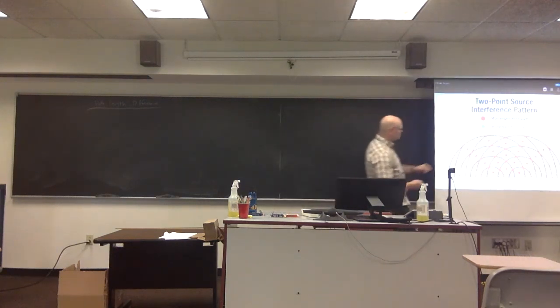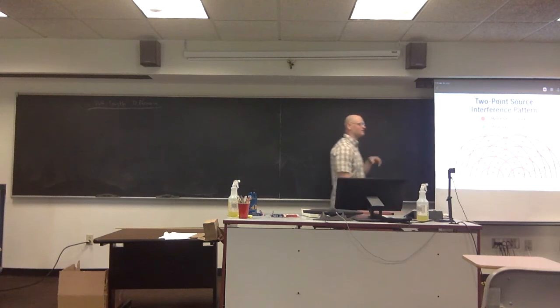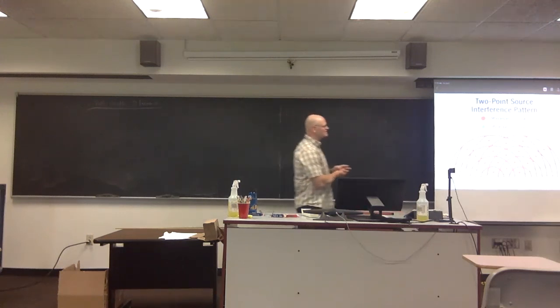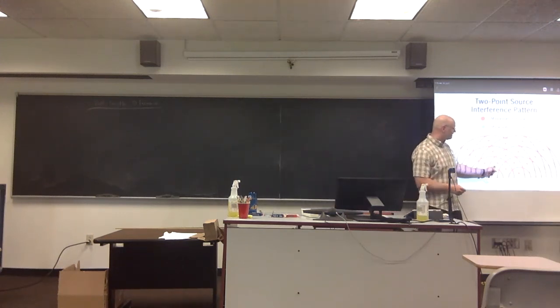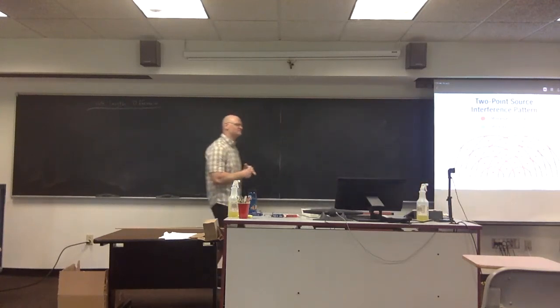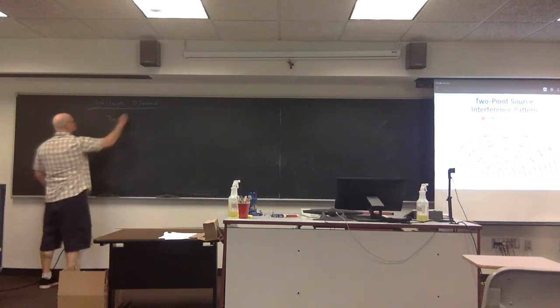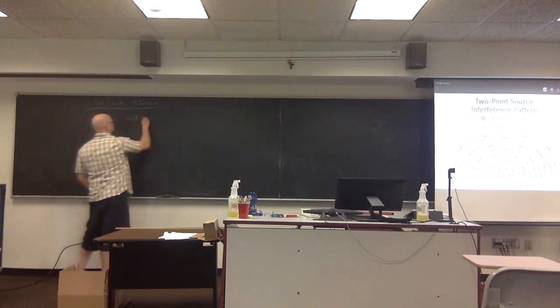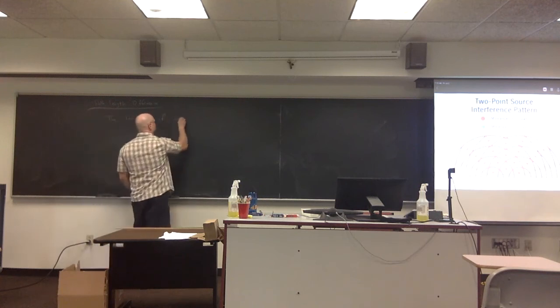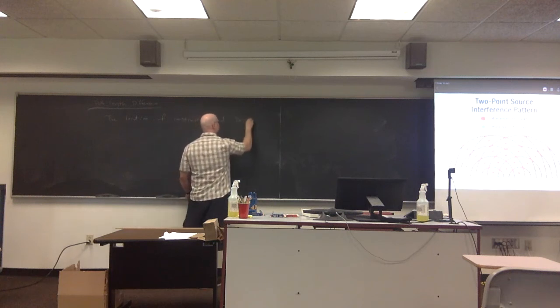We can determine all of these locations of maximum constructive interference or maximum destructive interference based on the distance that the wave has traveled from each one of the 2 sources. This is what's known as path length difference. So path length difference describes the location of constructive and destructive interference.